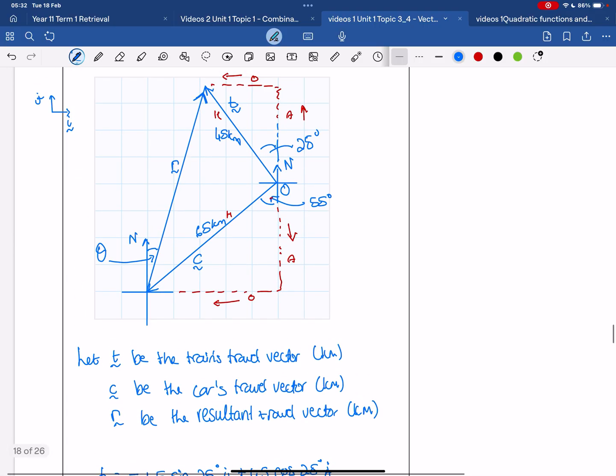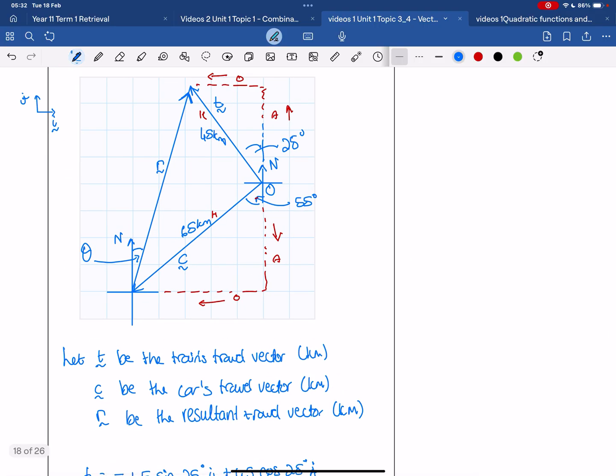All right, now remember that we can only add our vectors if they're head to tail. And I want to get from the car to the train.